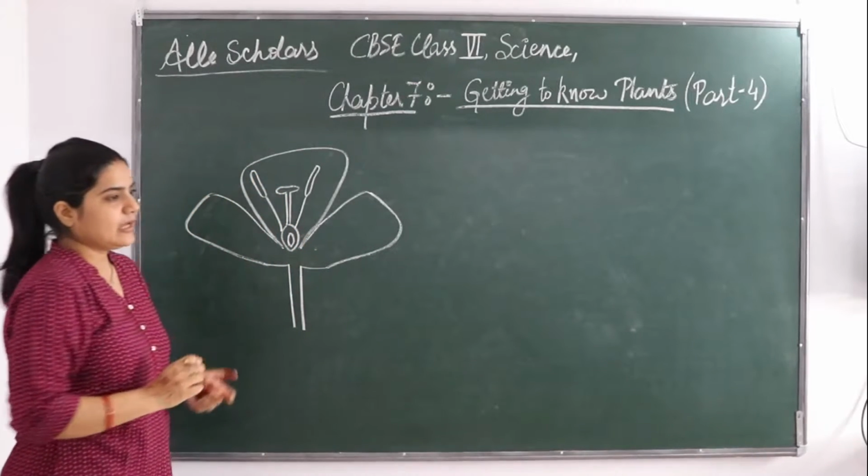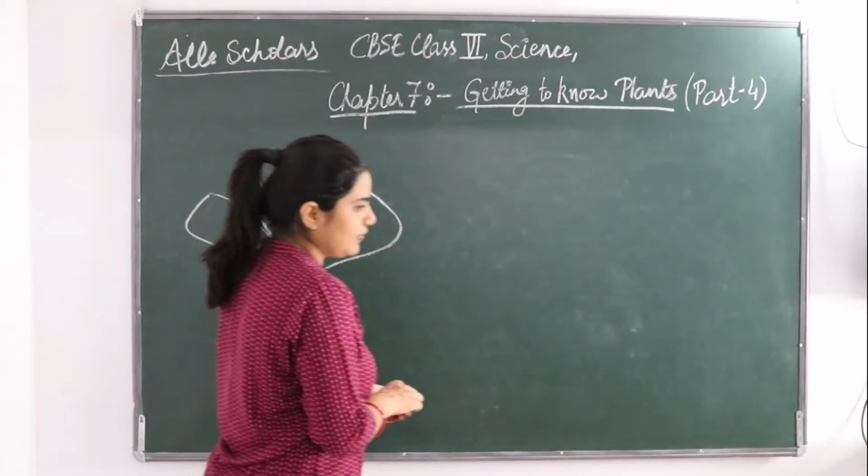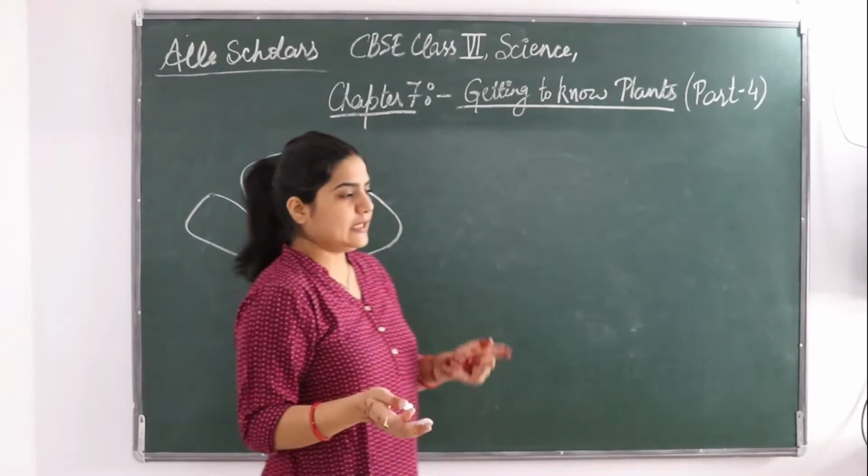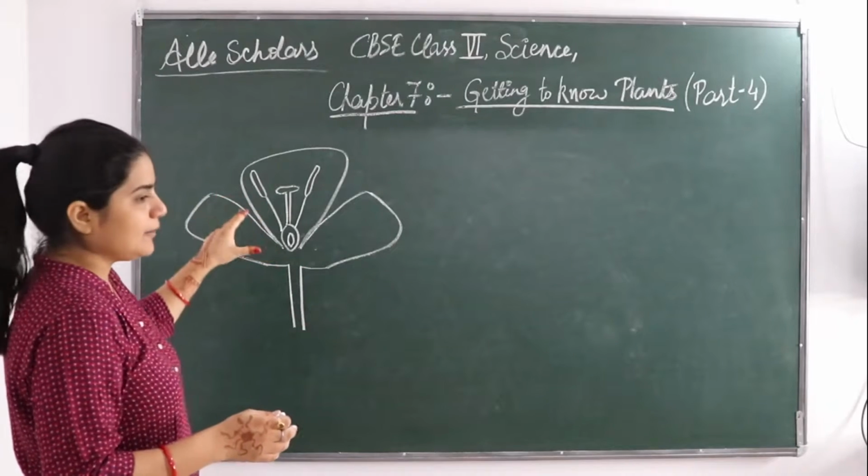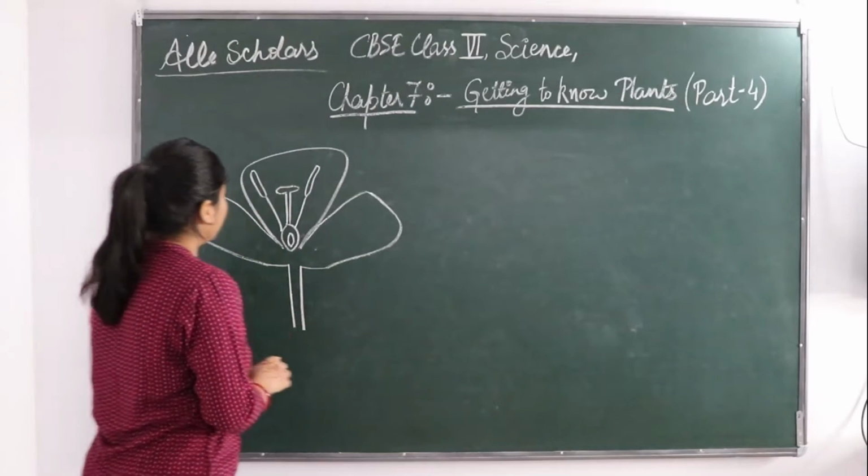So one by one I will be telling each part of a flower and I will be explaining in this figure where that part exists.